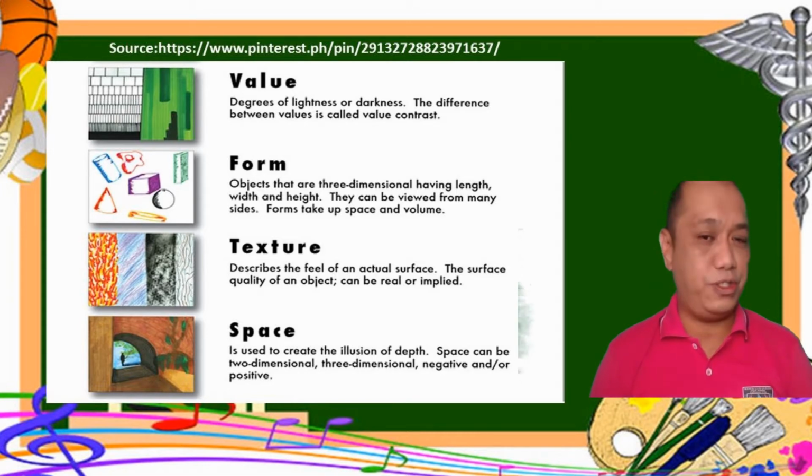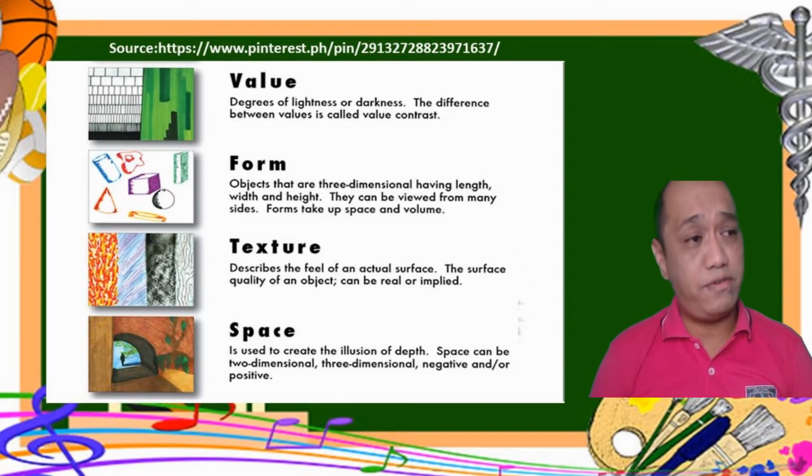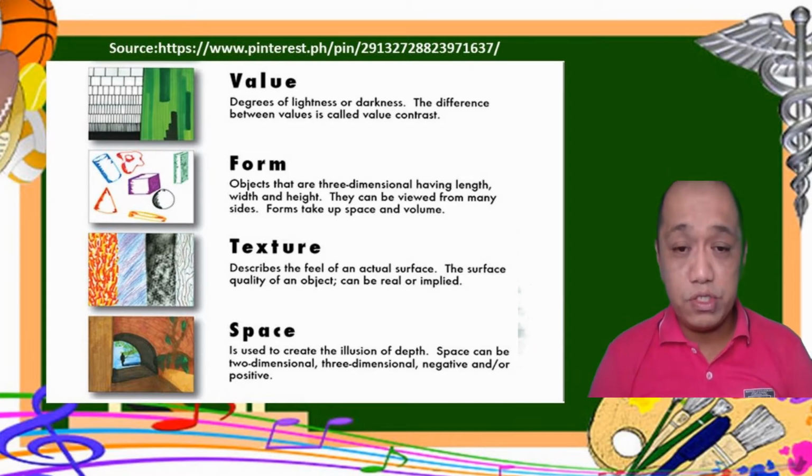Next, we have texture. Texture describes the feel of an actual surface. The surface quality of an object can be real or implied. In texture, we can say whether the object is rough or smooth, hard or soft. And the last element, we have space. Space is used to create the illusion of depth.